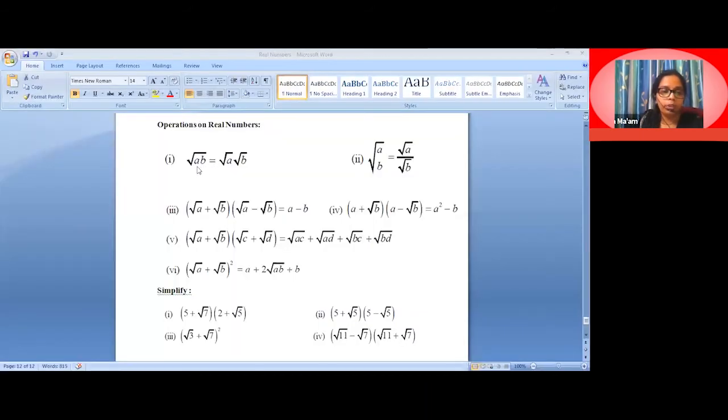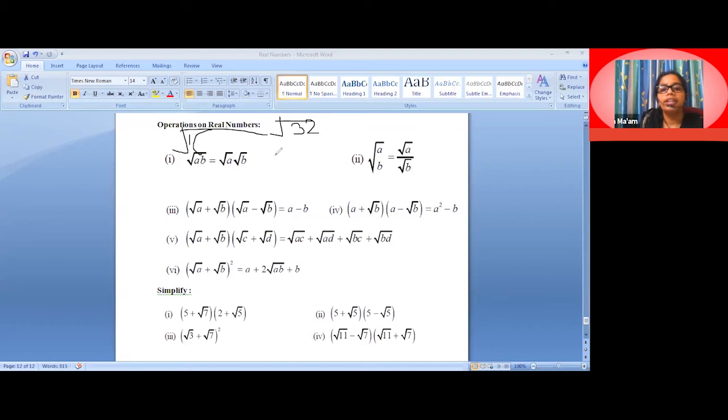So if you have A into B in one form, let's say suppose you have root 32.